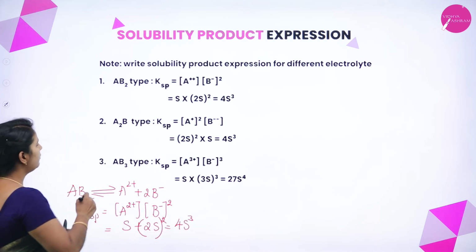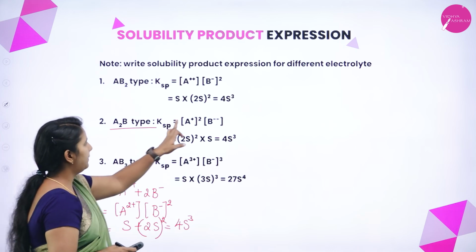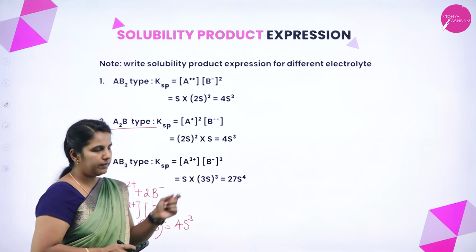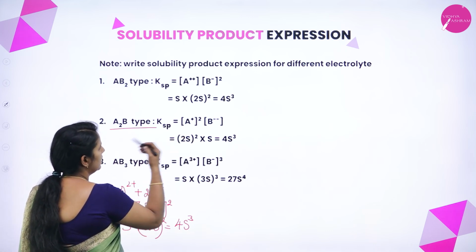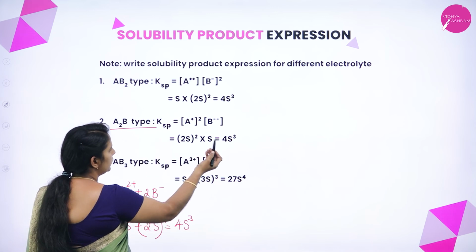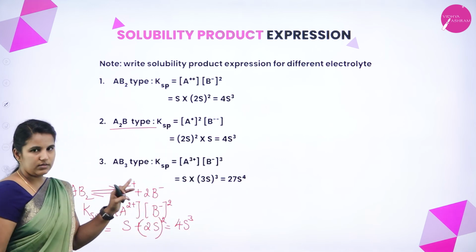Similarly for A2B type, the Ksp value will be the concentration of A plus squared into the molar concentration of B minus. So the concentration of A plus will be 2S to the power of 2, into S, which is equal to 4S cube. The last type is AB3 type.